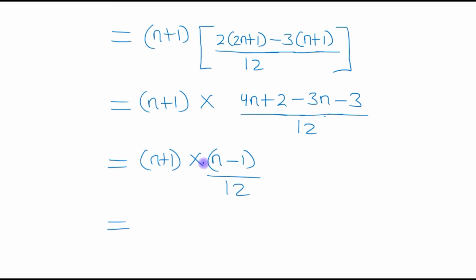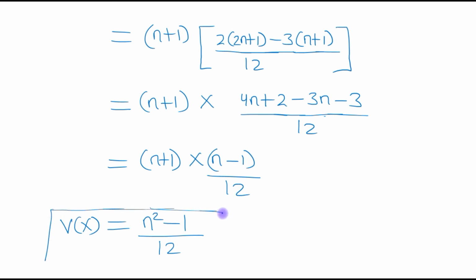So we can use the identity a plus b into a minus b, and it will become a square minus b square, that is n square minus 1 upon 12. This is variance of x. n square minus 1 upon 12.